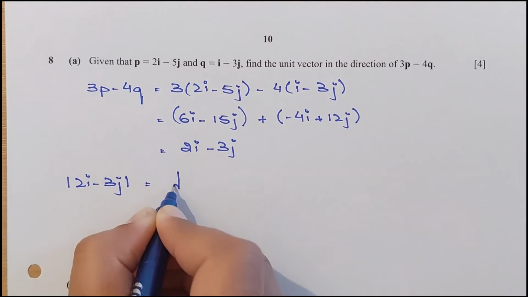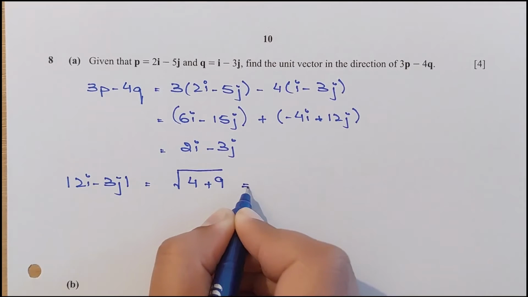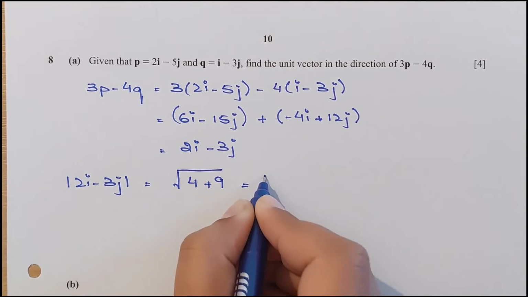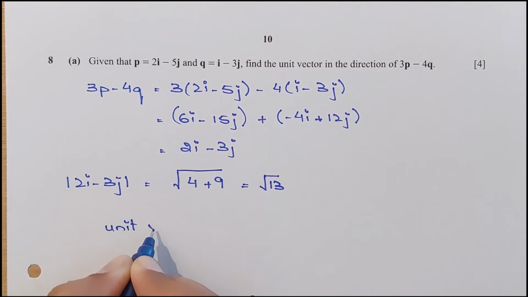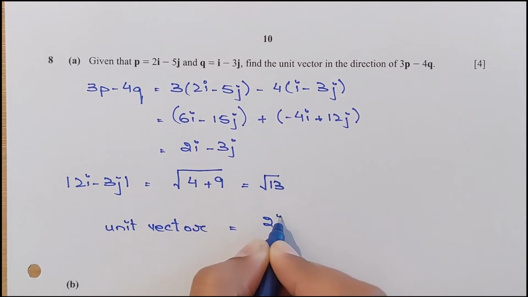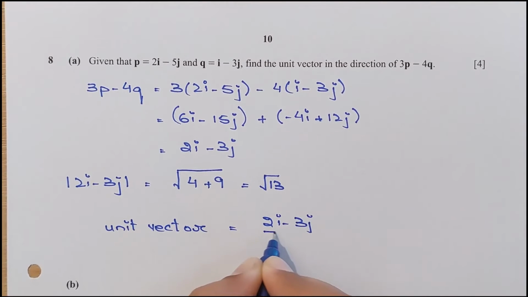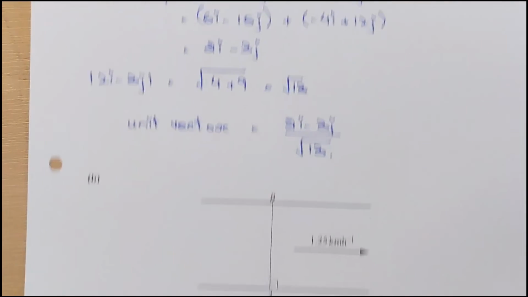This is equal to the square root of 2 squared is 4 plus 3 squared is 9. 9 plus 4 is equal to the square root of 13. So the unit vector is the vector 2i minus 3j divided by the magnitude of this vector, which is the square root of 13.